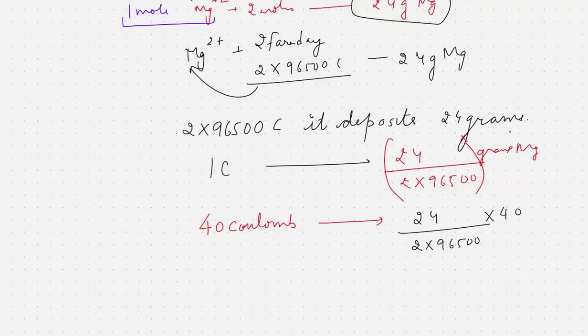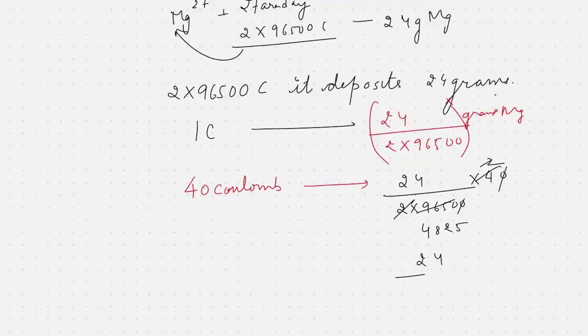We cancel a 0, we cancel 2, then 2 times 2 4 are 8, 2 8 16, 25. So it becomes 24 by 4825 grams. This much magnesium shall be deposited on the cathode.